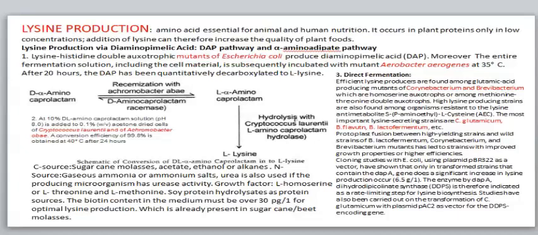The most important lysine secreting strains are Corynebacterium glutamicum, Brevibacterium flavum, and Brevibacterium lactofermentum. Protoplast technology has been used to improve its efficiency.